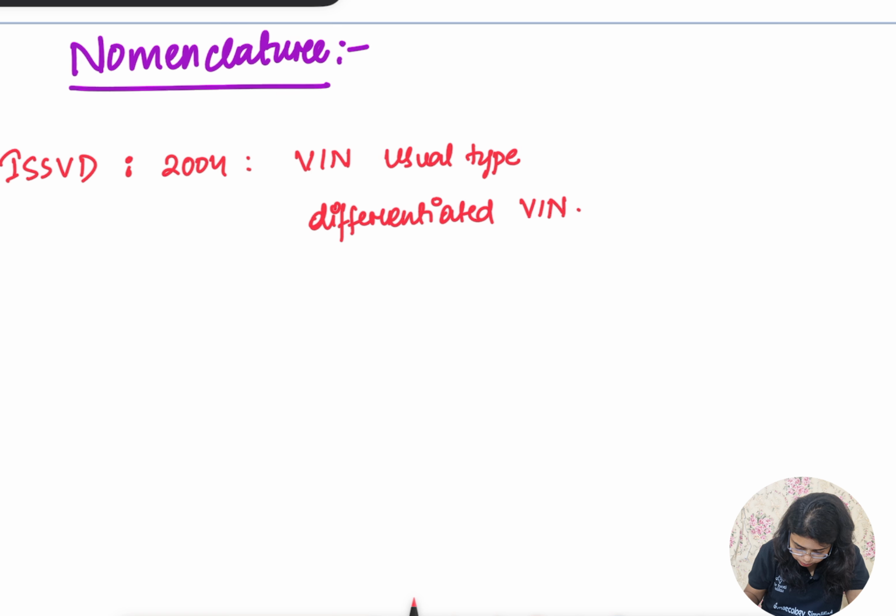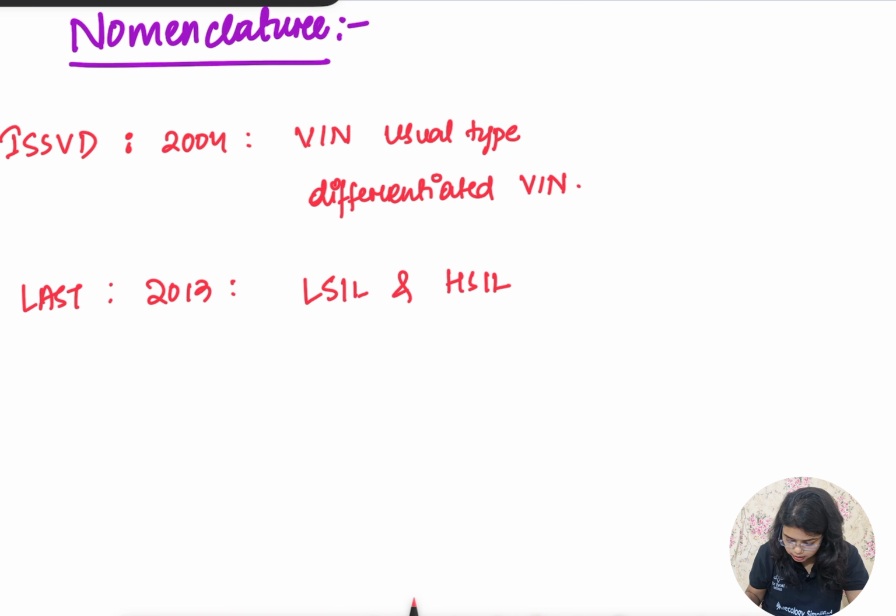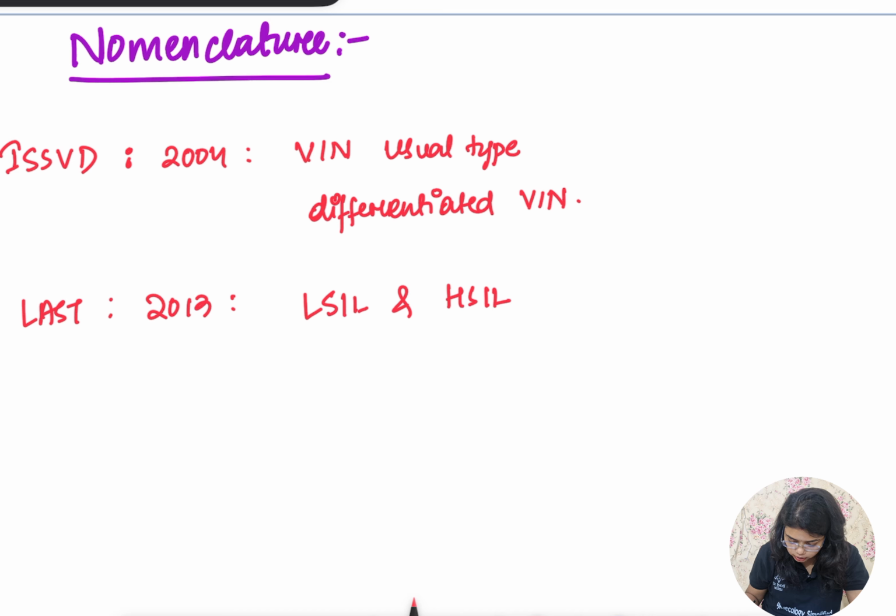Then later the nomenclature was given by LAST in 2013: LSIL and HSIL, that means low grade and high grade.